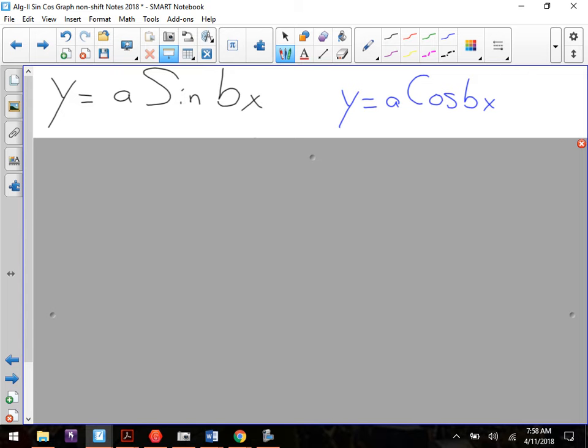A is really easy. A stands for what's called the amplitude. It's like you were saying earlier with sound waves. The amplitude is how high up or how low something goes when you're talking about a sound wave. It's a multiplier. It's how frequencies work.